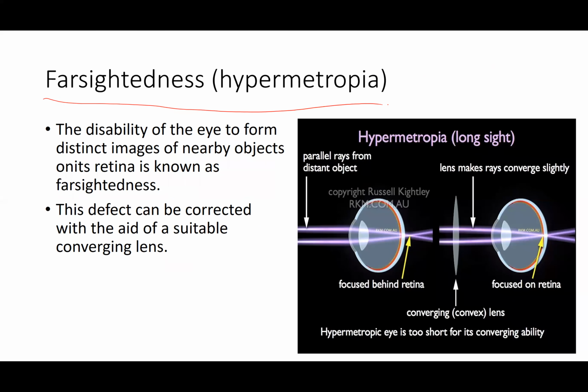Farsighted eye, hypermetropia. The inability of the eye to form a distinct image of near objects on its retina is known as farsightedness. This defect can be corrected with the aid of a suitable converging lens. For example, a parallel beam of light rays must be focused here, but it is converged after the converging point.